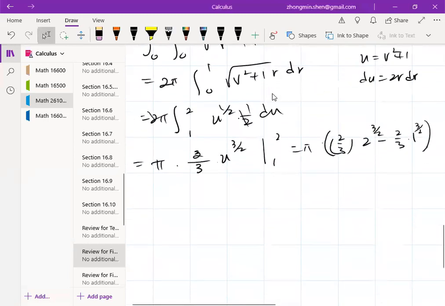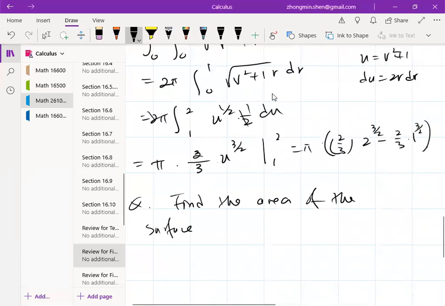For example, if I ask you to find the area of the surface, and this time I use, or set up the integral, maybe I'm not able to evaluate the integral.